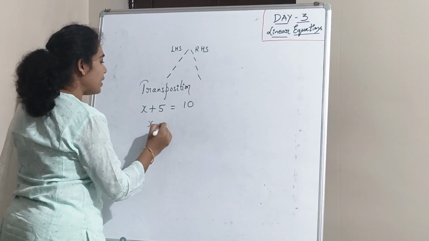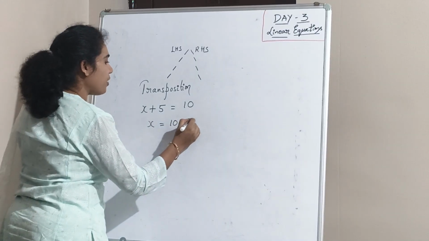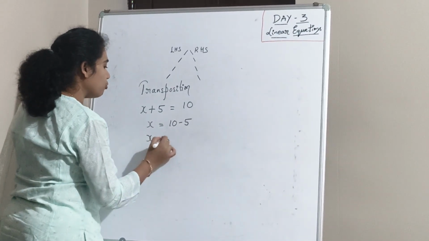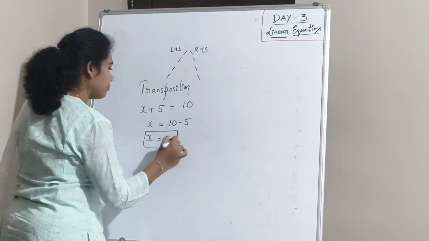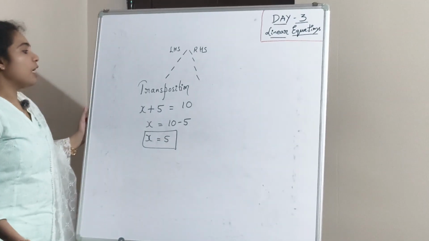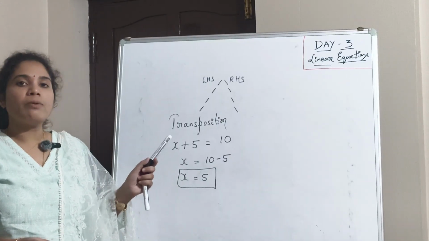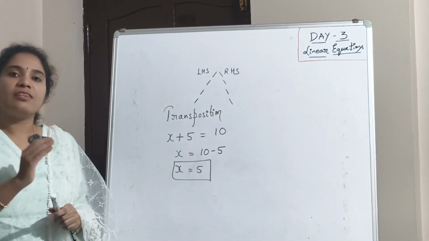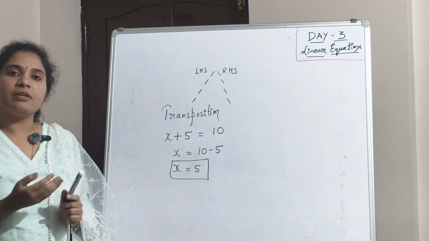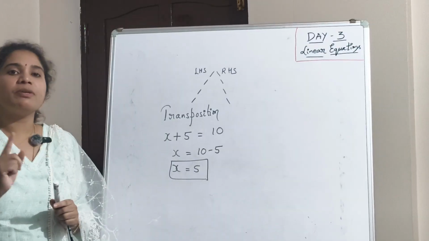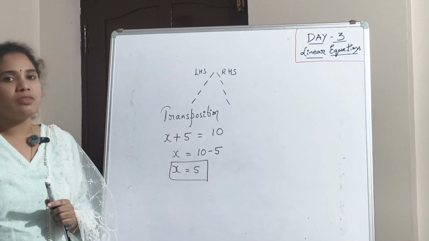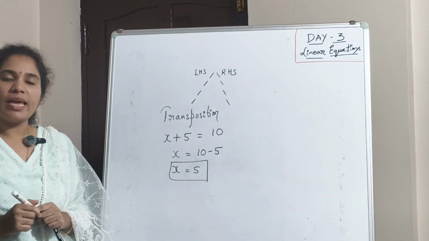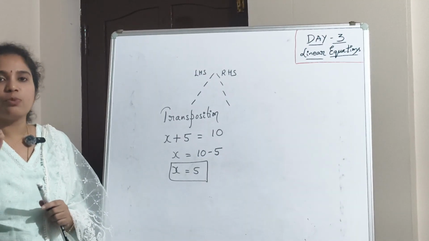So x will be equal to 10 minus 5, and x is equal to 5. When a term moves from one side to another side, its sign changes. Plus becomes minus, minus becomes plus, multiplication becomes division, division becomes multiplication. This is known as transposition.